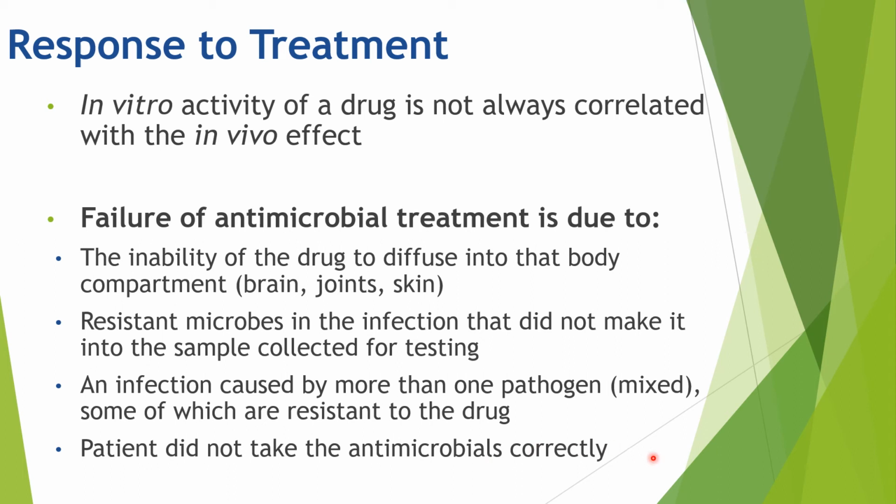Maybe they're skipping dosages, maybe they didn't finish the course of the antibiotics, or maybe they're taking some other drugs that contradict these antibiotics, and so the antibiotic is not functioning properly. So there could be various reasons when it comes to how the patient is not taking it correctly.